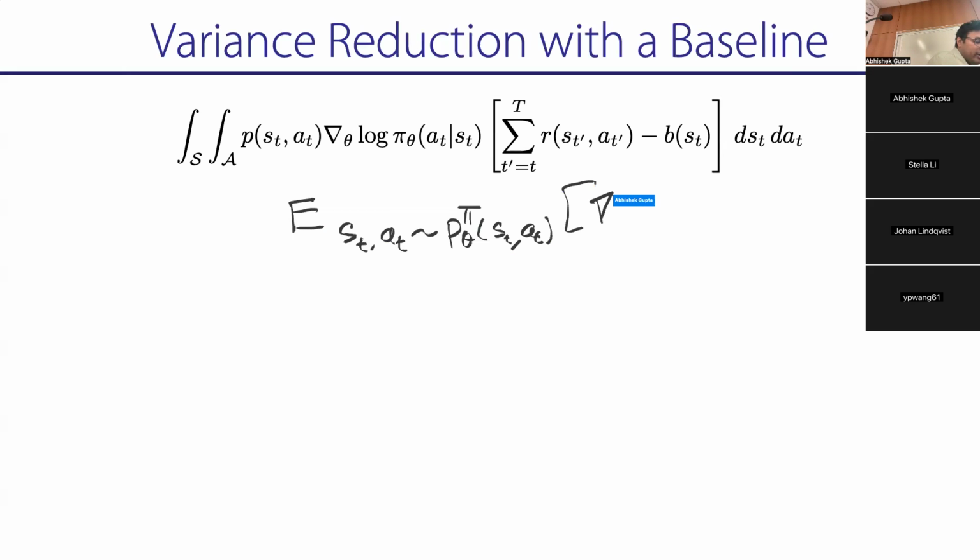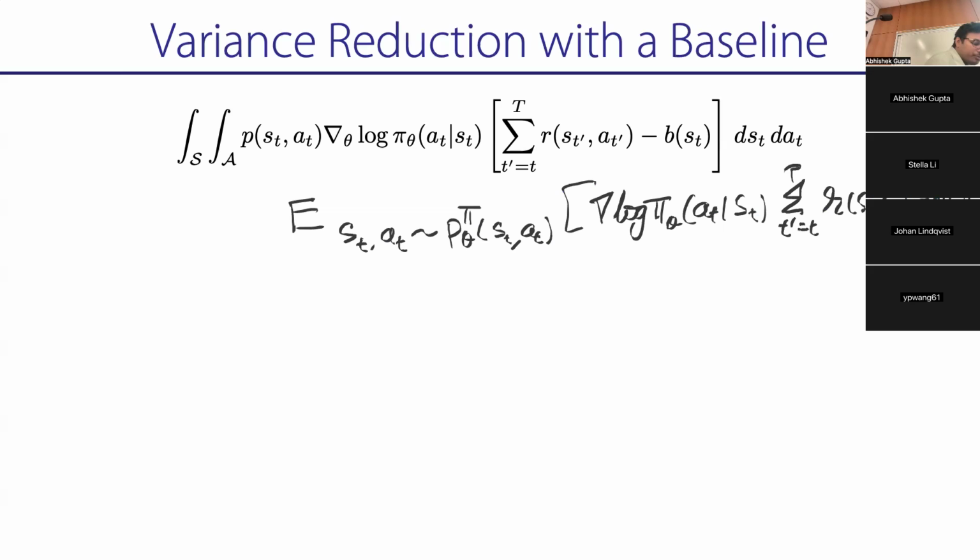Then I'm going to take the average of grad log pi theta of a_t given s_t multiplied by the sum of rewards in the future minus b of s_t. Something like that. So all I did is, if you remember my first lecture, we converted from trajectory form to stationary distribution form.